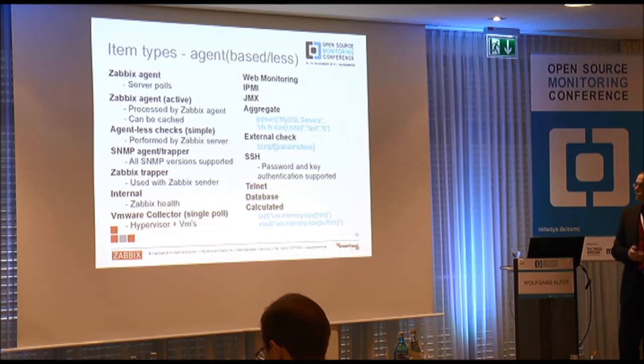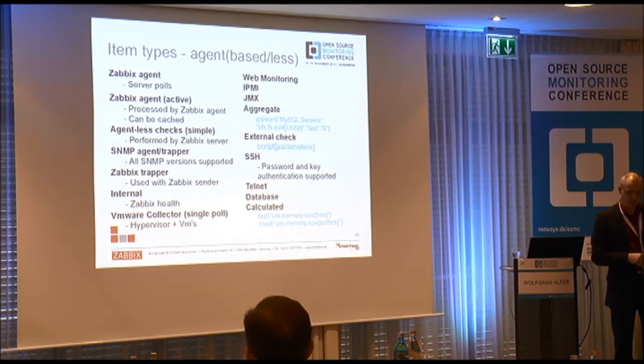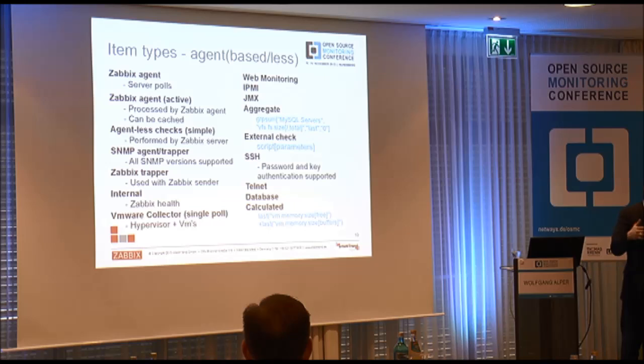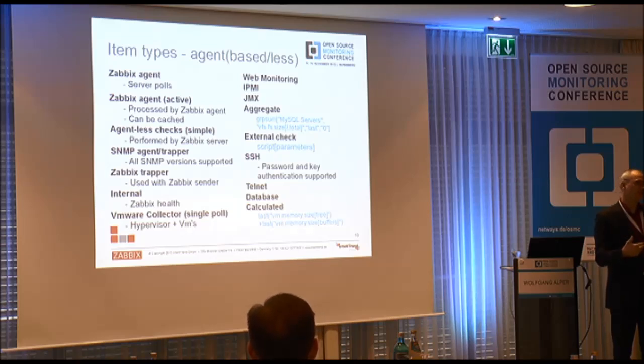It's a single poll collector. What does it mean? In the past, you have seen a lot of scripts around the internet. Some were based on the Perl API from VMware, and what they did is they connect to the vSphere service, to the ESX service, got some metrics, threw away most of them, and just got you the metric that you were interested in.